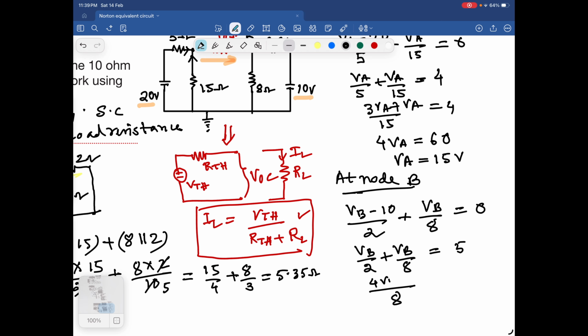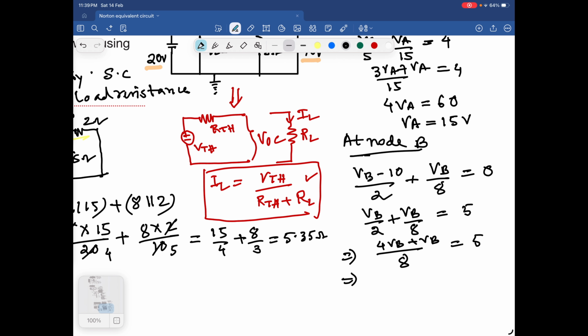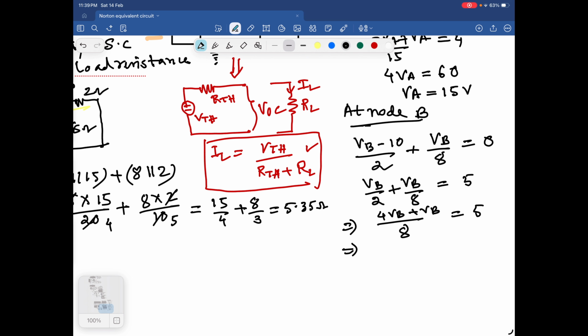This is 4 VB plus VB is equal to 40. So here 5 VB is equal to 8 into 5, this is 40. So VB is equal to 8 volt.